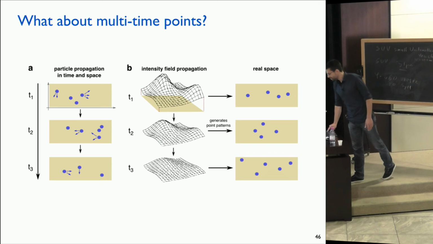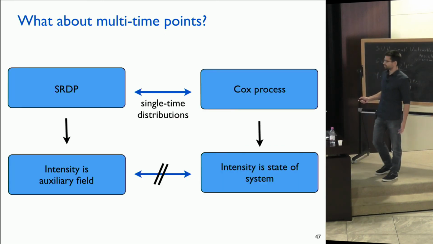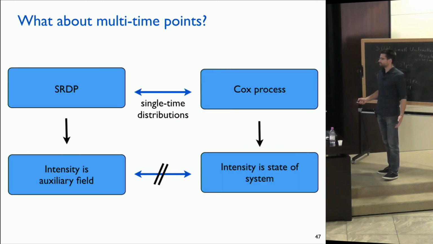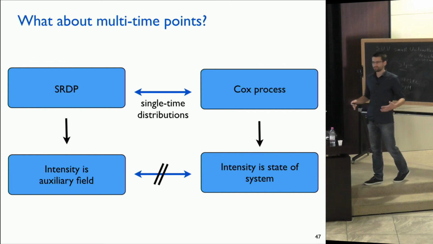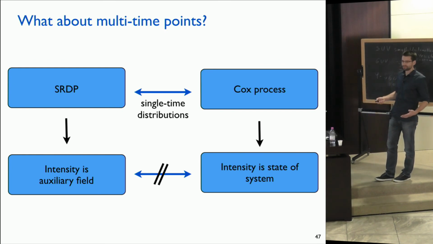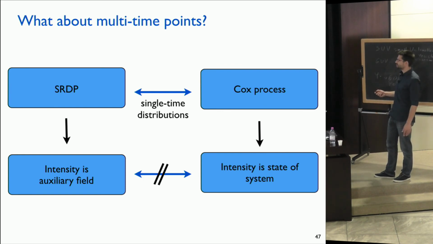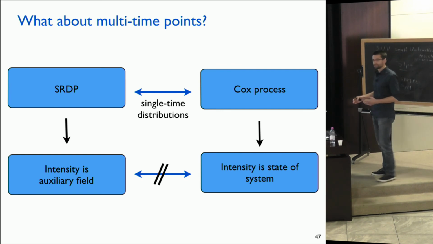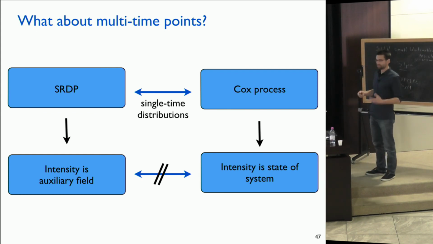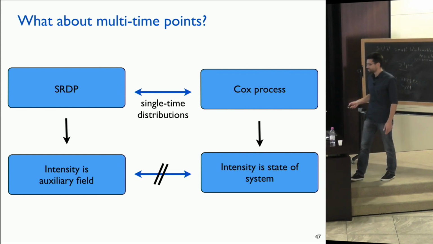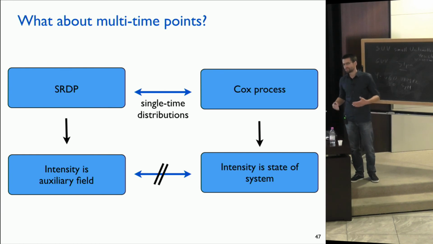So there's clearly a difference. For the Poisson representation, it only gives an auxiliary field for the intensity function. It's not the real state of the system. The molecules are the real state of the system, whereas for the Cox process, the intensity is the real state of the system. However, we still lift our representation to multi-time points, which again corresponds to, in some sense, the intensity function, because we give up correlation between time points conditioned on the mean field, on the intensity function.